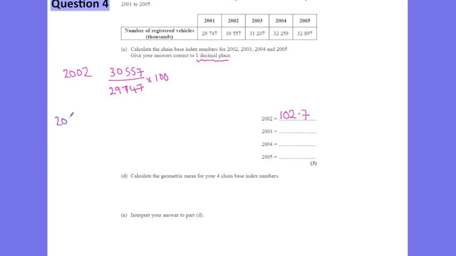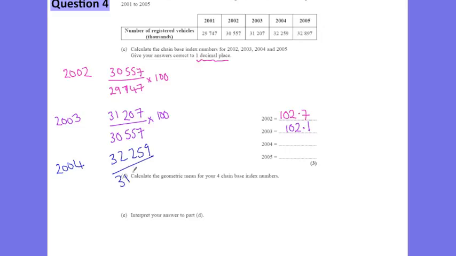Next, 2003. We take our value in 2003 and we divide by the value in the previous year. Remember, in chain-based index values, the base year floats. It changes year to year. And then for 2004, times by 100 again, we have 103.4.